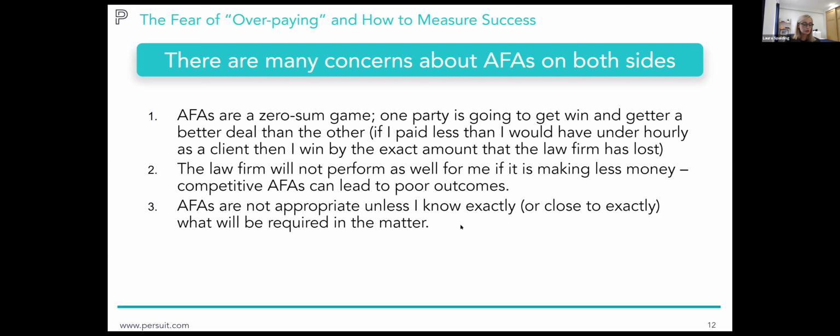So your fixed fee cost is going to come at the cost of quality, because the firms won't be incentivized to produce the best results because they'll be trying to cut costs. And then the third one is that, well, if I don't know what's going to happen with the matter, if it's going to settle early, or if a shareholder is going to raise a dispute, then how will I know that I'm getting a good deal, and how will the law firm even commit to that anyway?